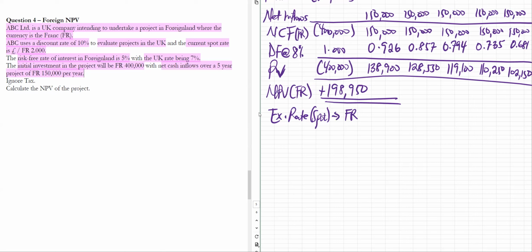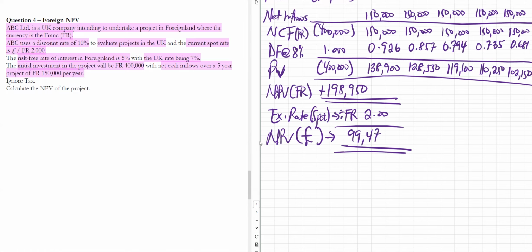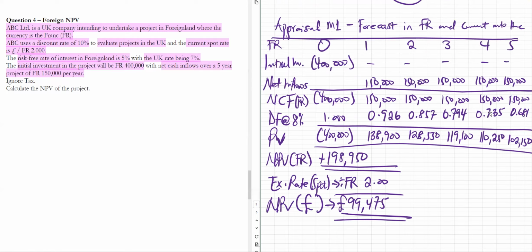And since this is in franc, it means we divide by 2 franc, and that gives us our NPV in pounds. Okay, so our NPV in pounds will be what? 198,950 divided by 2 francs, and that gives us 99,475 pounds. Okay, which is a good project. We should accept it.